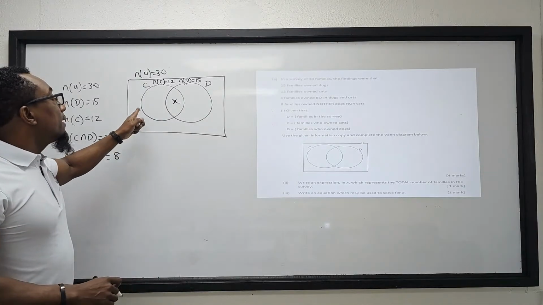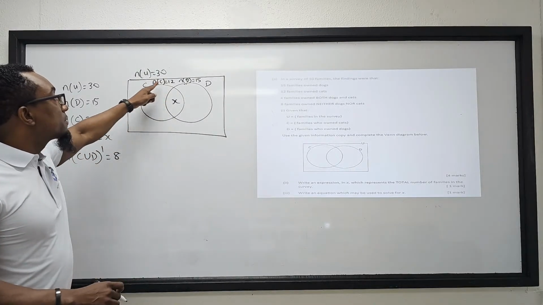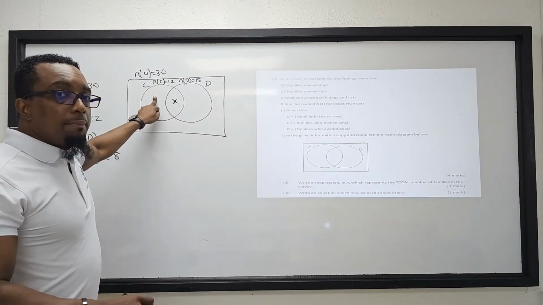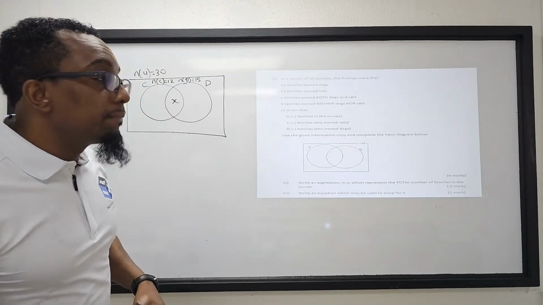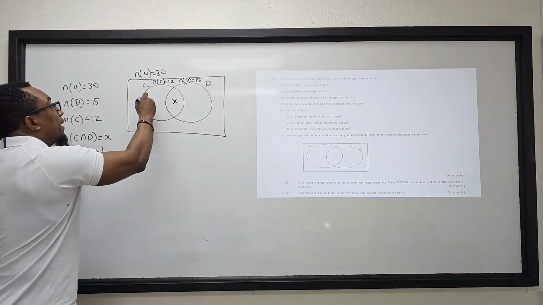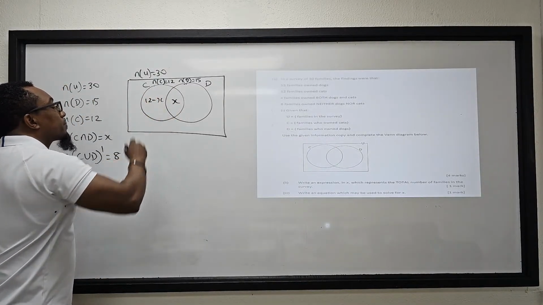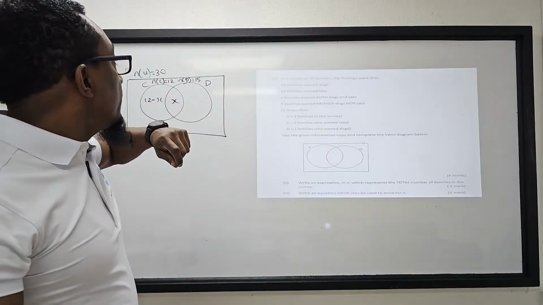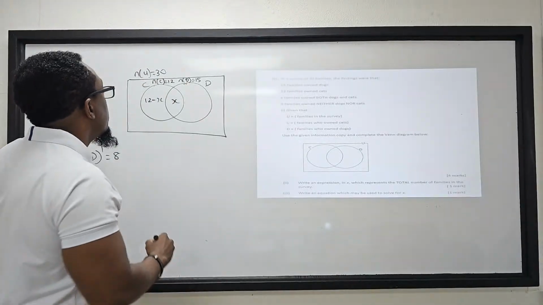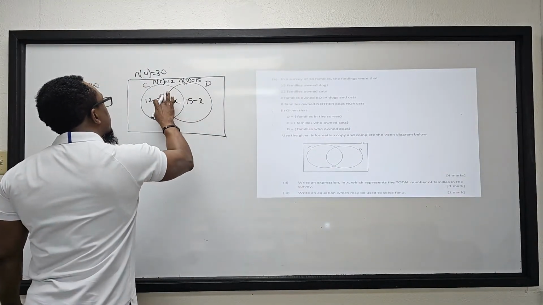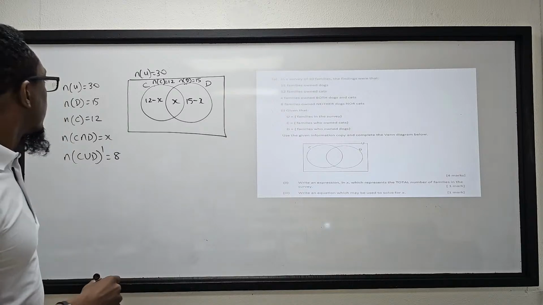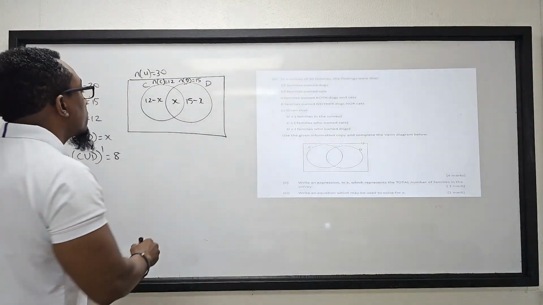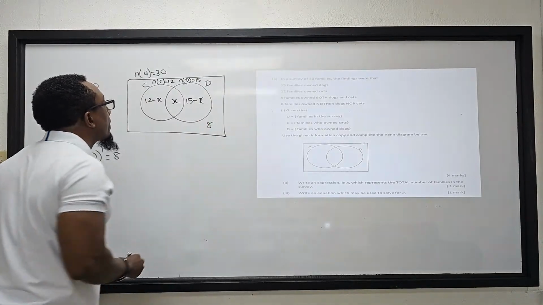So clearly, if the number of persons or families who own cats, I'll start here, is 12, then the number of families who own cats only will be 12 subtract X. The number of families who own dogs will be 15, so the number of families who own dogs only will be 15 subtract X. And the number of families who don't own any of those animals, neither dogs nor cats, will go outside.